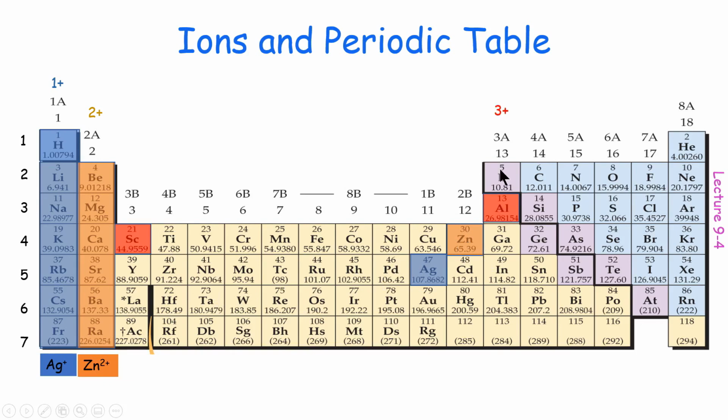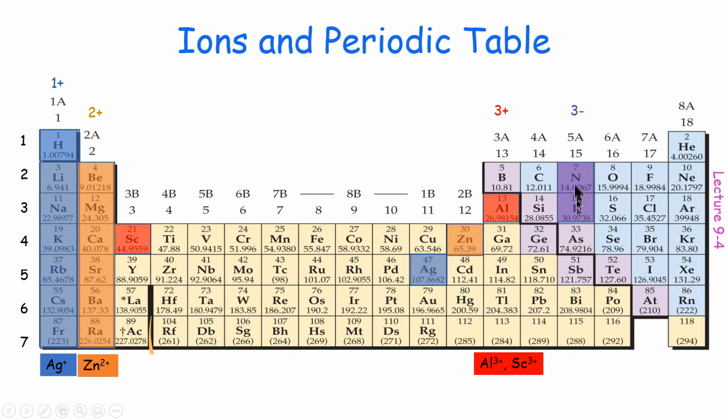Group 3A, aluminum, always forms 3 plus ion, and also scandium. Scandium always forms 3 plus. So therefore, aluminum and scandium both always form 3 plus cations.